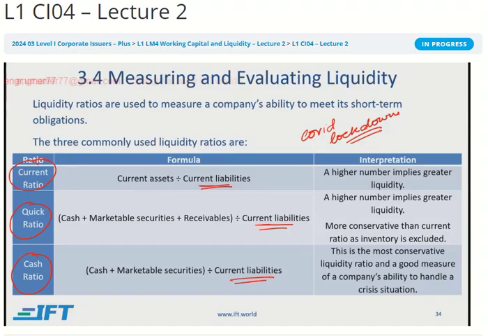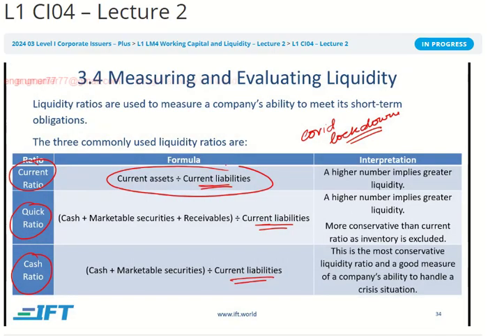So if we measure their liquidity based on all their current assets as a percentage of all their current liabilities, it would be unfair, because inside your current assets there is also inventory, and during a lockdown you're not going to be able to convert that inventory to cash. So it's kind of unfair to take inventory in the numerator when calculating this liquidity ratio.